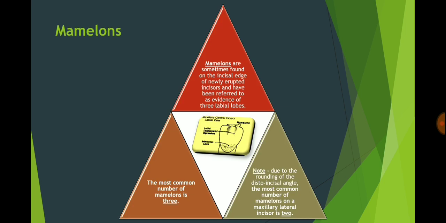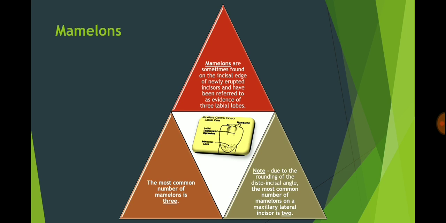So, mamelons. We discussed last time that all anterior teeth develop from 4 lobes. They have 4 lobes and 3 mamelons because the 4th lobe is usually the cingulum, so the cingulum is not part of a mamelon.